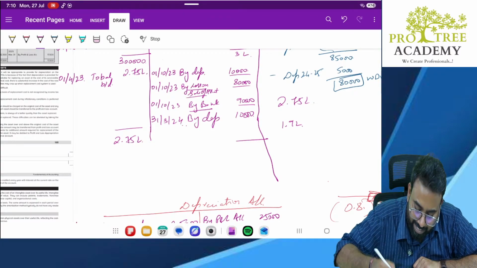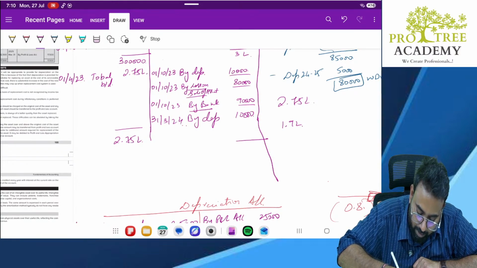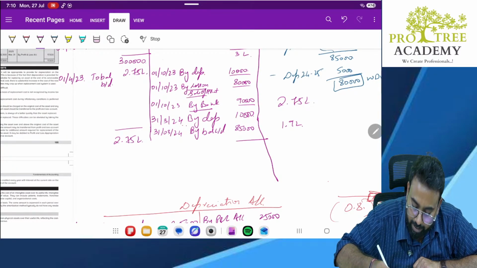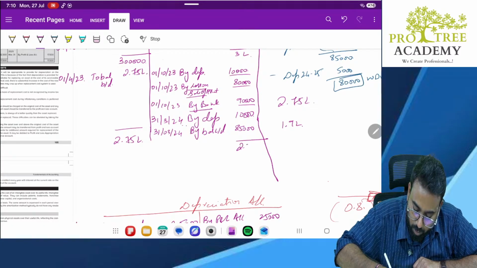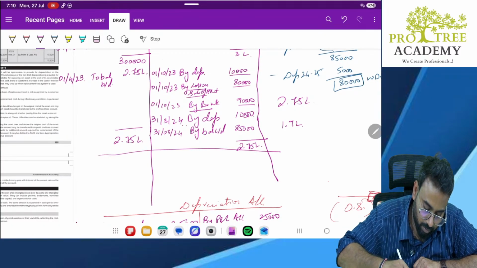Can you please calculate it? It is nothing but, on 31st March 2024, by balance carried down will be 85,000. 85,000. So that will close your account.